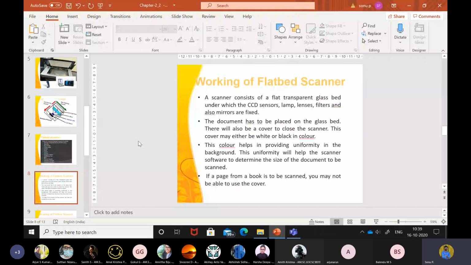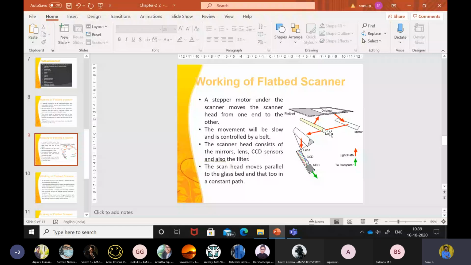So the image itself tells you most of the information I have told you. The flatbed is there, and there is the flat plate that is labeled as original. We can place the document that we want to feed into the computer upside down, and the light is moving.